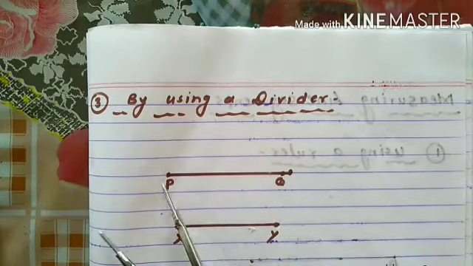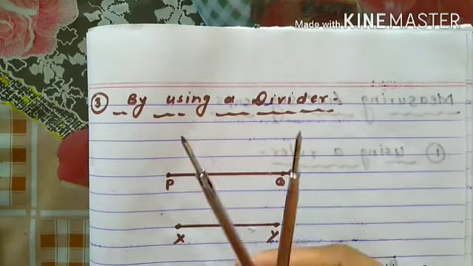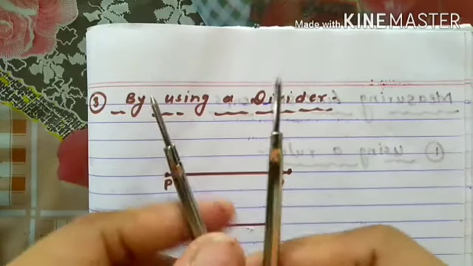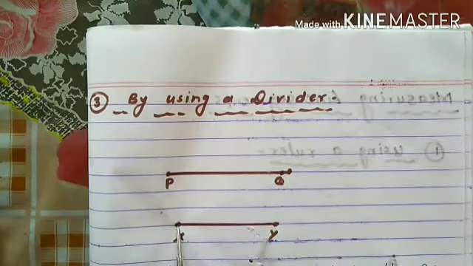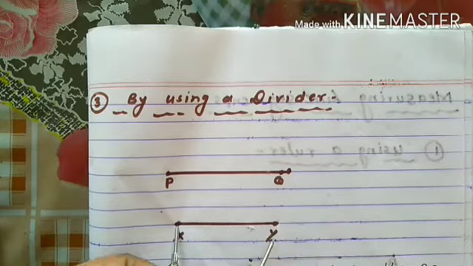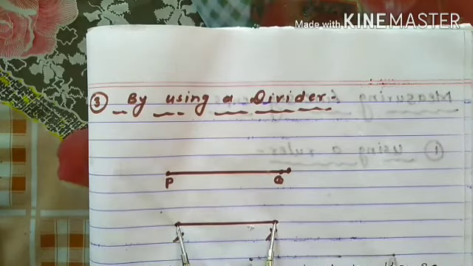Consider these two line segments PQ and XY. What we have to do in this method: first place the two pointed arms on the endpoints X and Y. Placed.